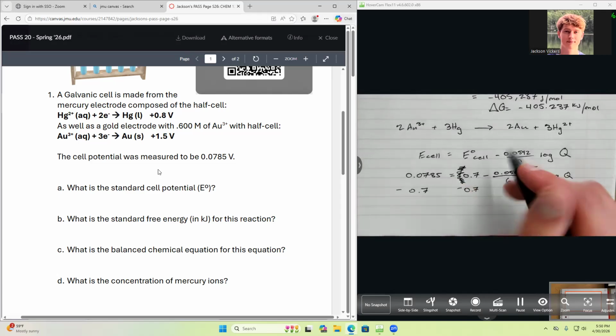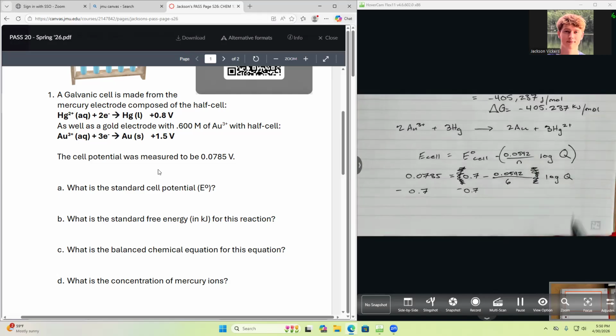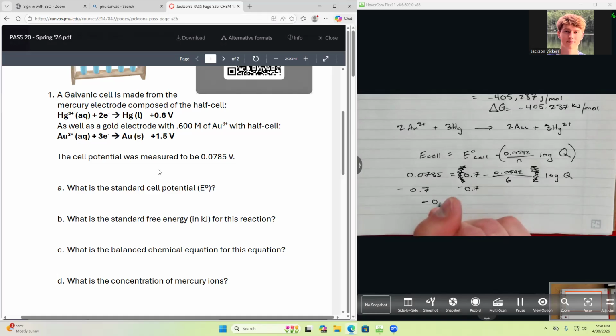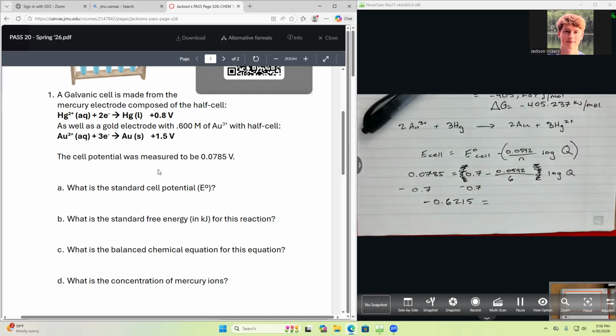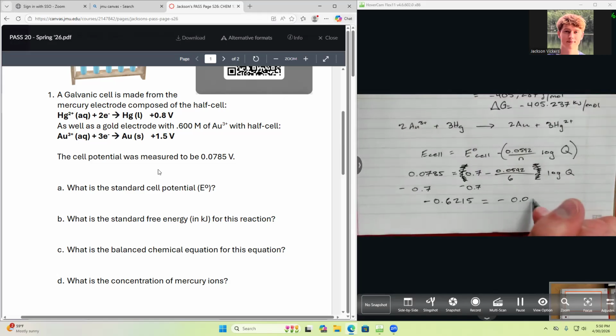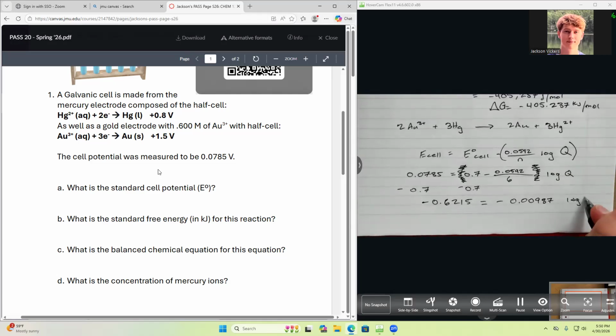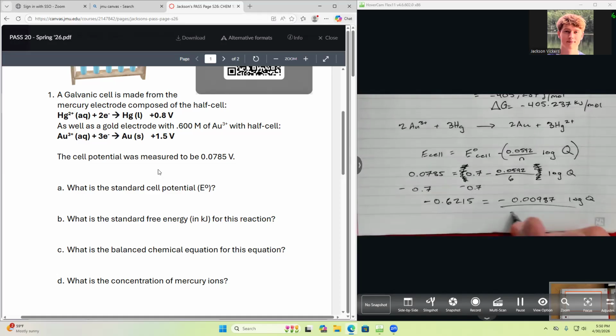Because technically this has a parenthesis around it. So the next step is going to be dividing by this value. So this is equal to, and I'm going to plug this into my calculator, 0.0592 divided by 6, is equal to negative 0.00987 times log Q. And now I can divide both sides by this.